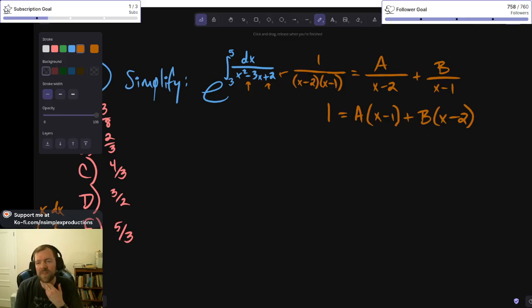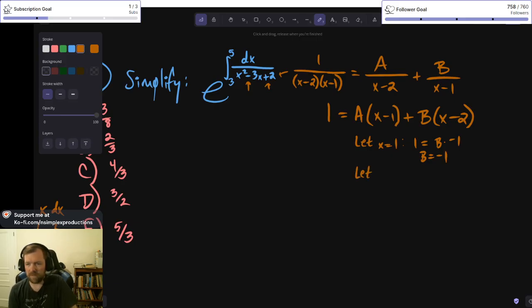Okay. So there's a few different ways you could do this. One is if we just let x, not a, x equal 1 for a second, then we find that we get 1 is equal to, the a term becomes 0, and then the b term has a negative 1 attached to it, which then means that b is going to be negative 1.